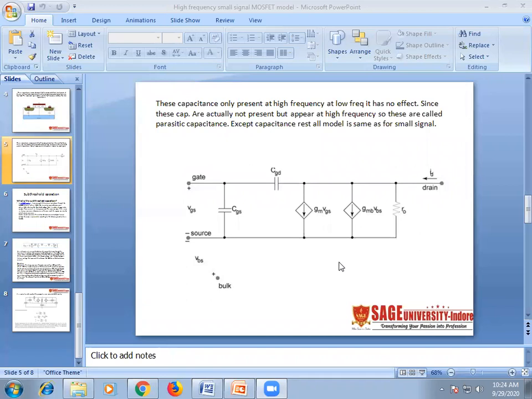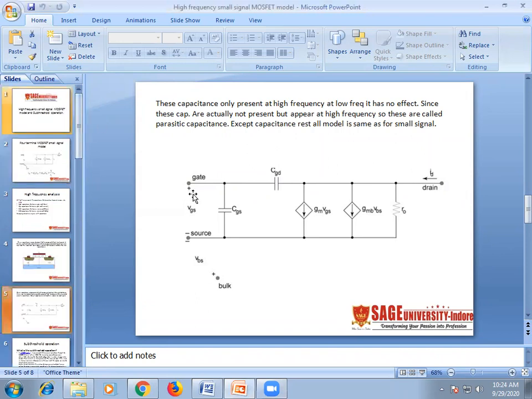Today we have completed the MOSFET small signal model. Along with that, we have completed the MOSFET high frequency model, in which we have considered the capacitances CGS and CGD. We'll be continuing our lecture with another capacitance.